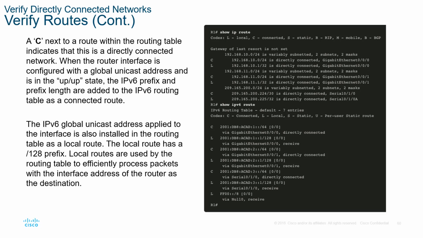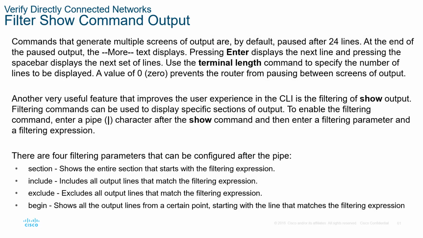Moving forward, we also have a filter command. So you can do a show command, and you can also then manipulate it with a pipe. You can provide certain selection areas. You can include or exclude or begin in certain areas. Realistically, this is kind of outside the scope of a normal associate, but you can. All of this is going to be done through filtering expressions if you wish to.